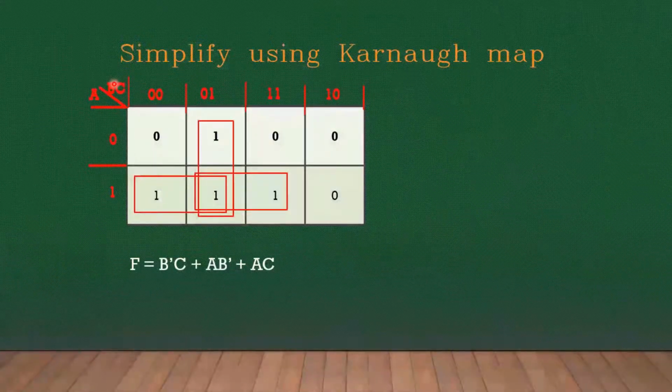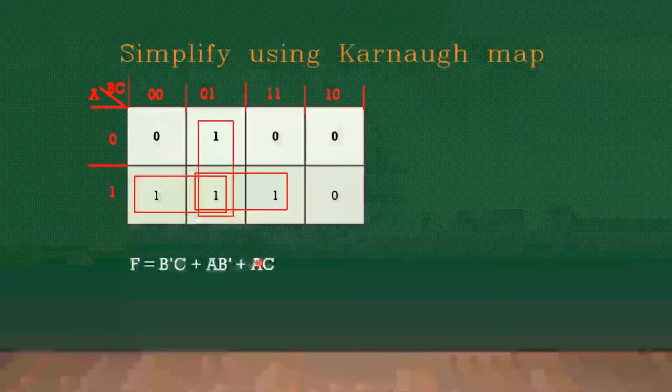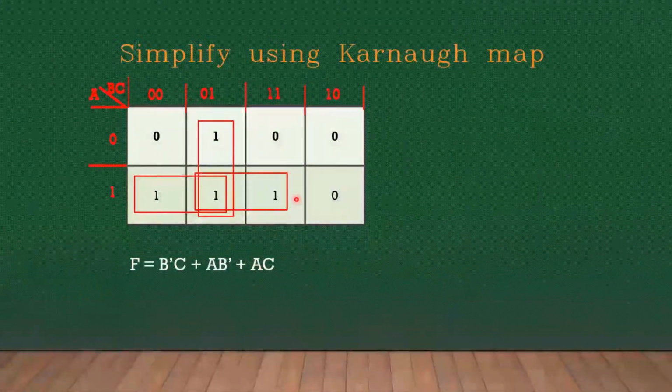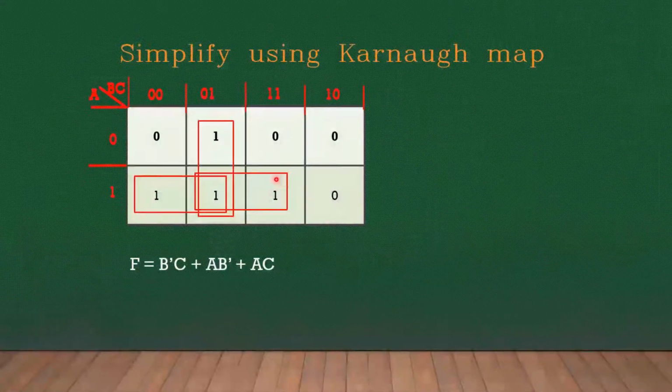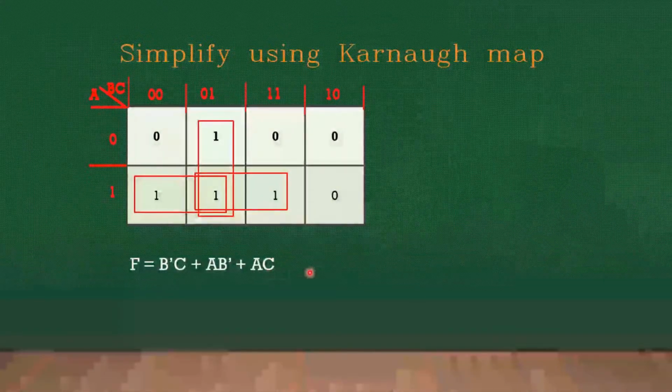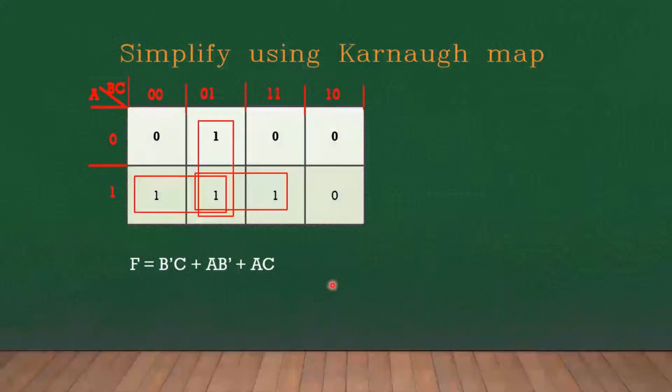So we take A B naught. For the third one, this grouping here, A is not varying. Moving from this column to this column, C is not varying, 1 here, 1 here. So it is AC. So this way we derive the expression from the Karnaugh map table.